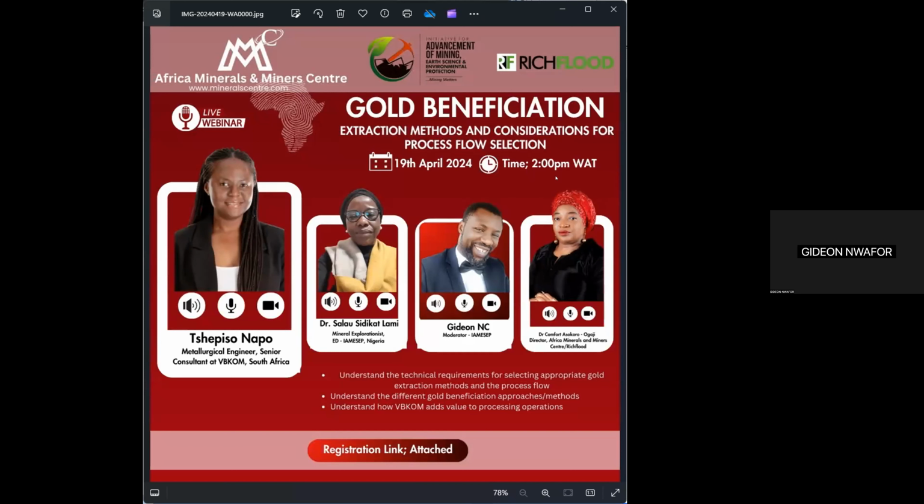The first thing here, though it doesn't seem to relate: can you discuss the role of regulatory compliance in gold beneficiation and how mining companies ensure adherence to environmental and safety standards? I think this is for regulators. This actually is meant for the regulators of any particular country, based on their own structure. I think it's as simple as that.